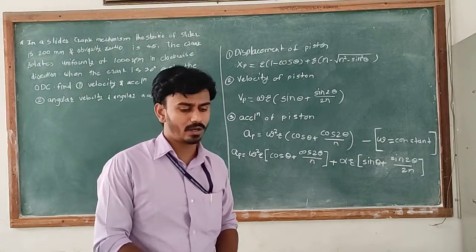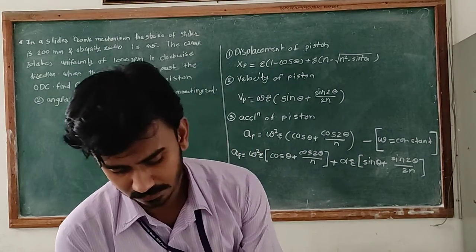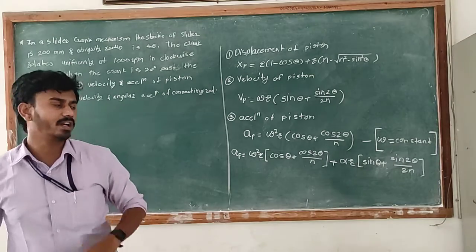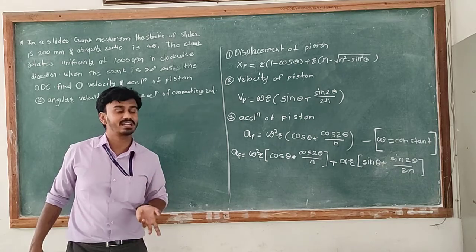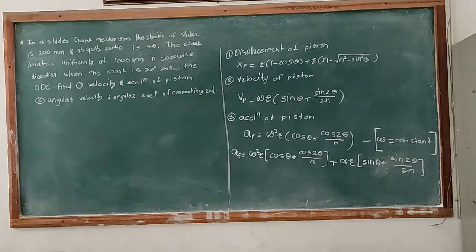Now we have another two formulas to find the angular velocity and angular acceleration of the connecting rod.